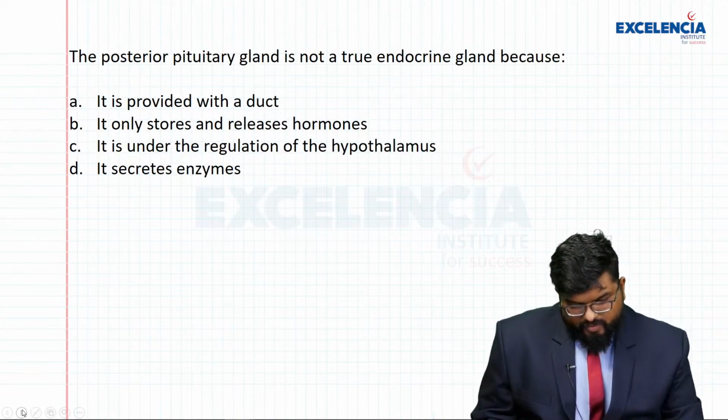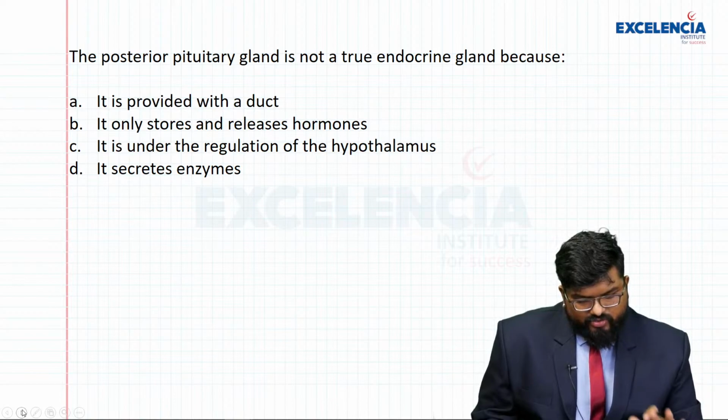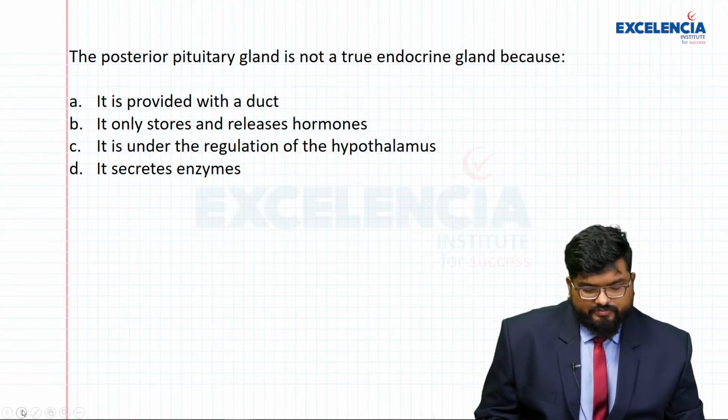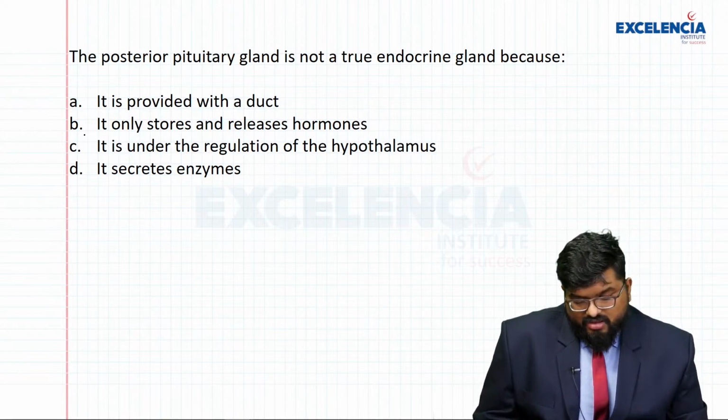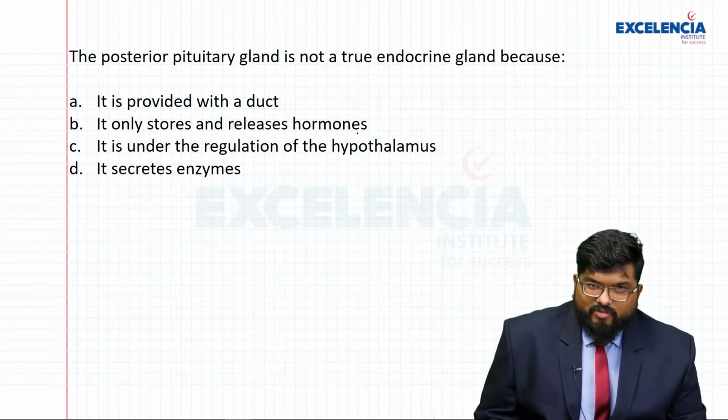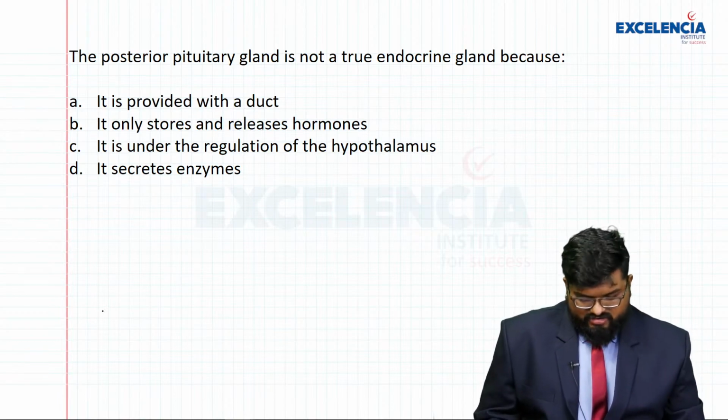Next, the posterior pituitary gland is not a true endocrine gland because it is provided with a duct. Is it? No, it's a ductless gland, and it only stores and releases hormones. Now that is the answer over here. Why?